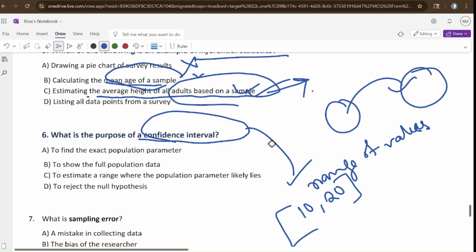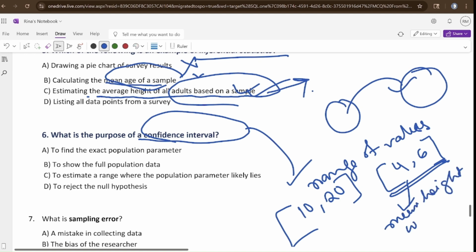Okay, like this. Or let's say average height is between 4 to 6. A range of values. Within this, your mean height will lie. Okay, so you can say that you are 95% confident to say this. Fine, this is called confidence interval.